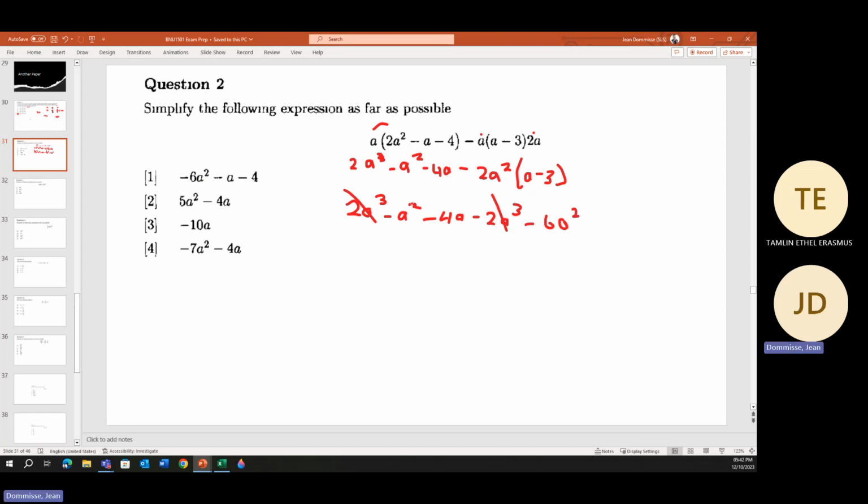Then minus a to the power of 2 minus 6a to the power of 2 gives us minus 7a to the power of 2. Okay, nowhere else, but let's make 100% sure. The last one is minus 4a. So again, option 4 is the correct one.